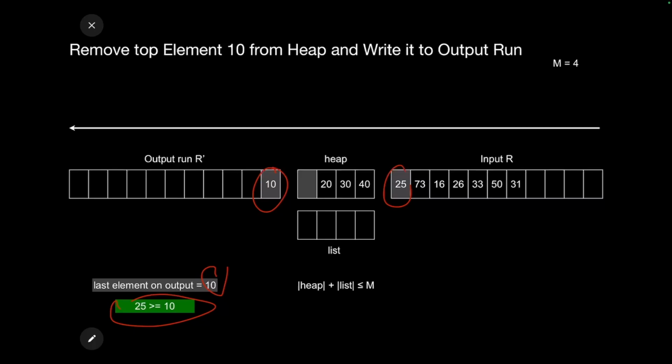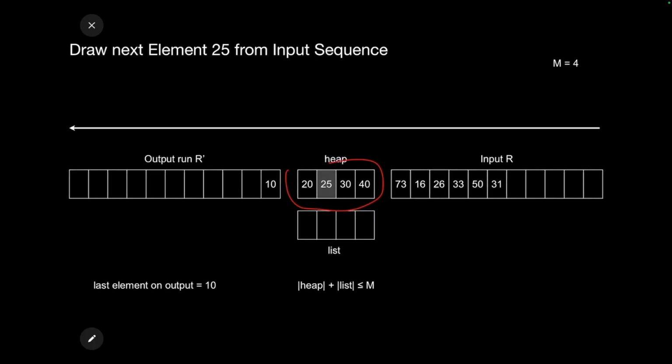If it were smaller, it's a different case, but this is bigger than 10. So this means everything output so far is smaller than 25, so it's fine to put it on the heap. I put it to the heap, maintain the heap property, and here I am with my heap.